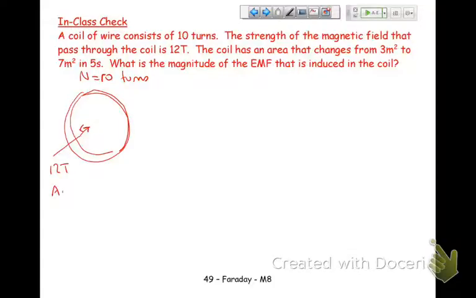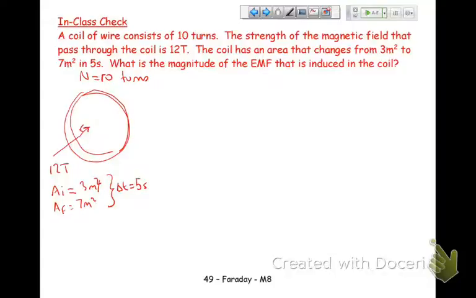So A initial equals 3 meters squared, and A final equals 7 meters squared, and my time interval delta t is equal to 5 seconds. It wants to know, what's the EMF? How can I change this area? There are ways I can do it, not so easily for a coil, but for a loop I could do it very easily.